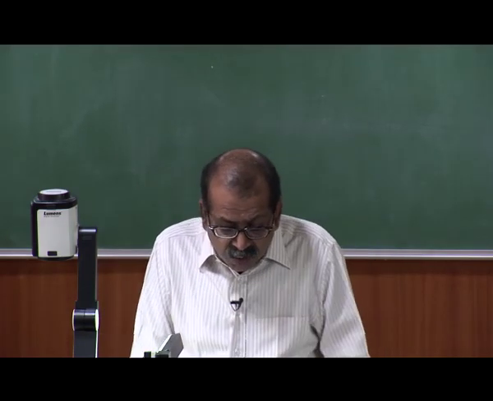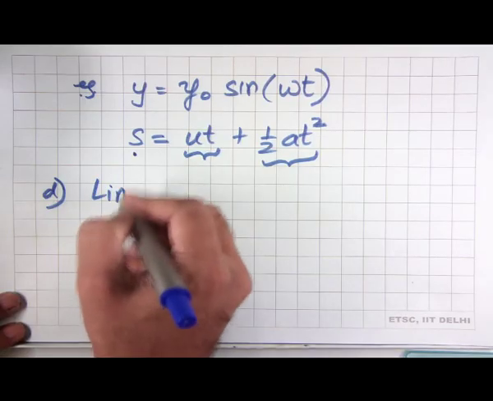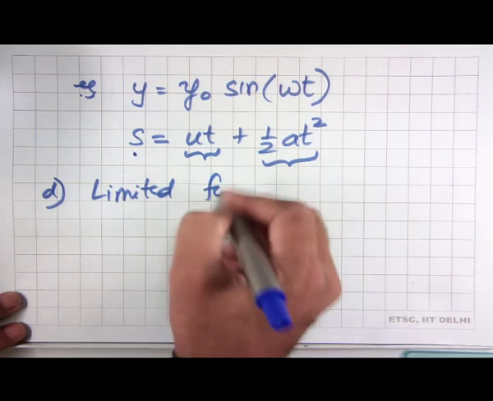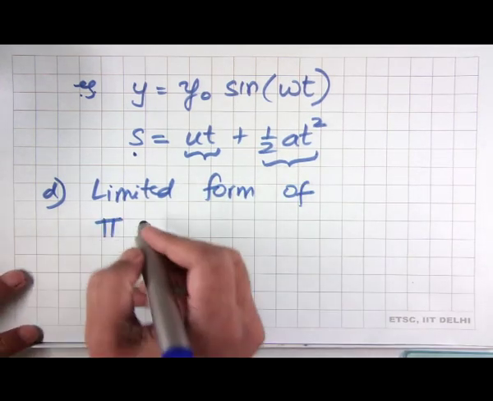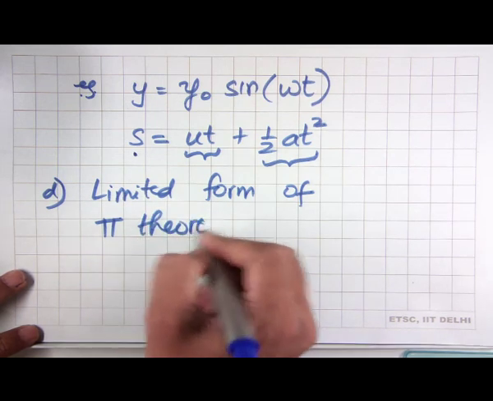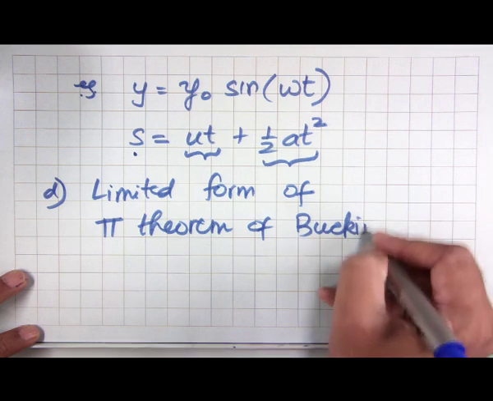And for those of you who are more interested, this dimensional analysis, as we have seen here, is a limited form of what is called the Buckingham pi theorem.